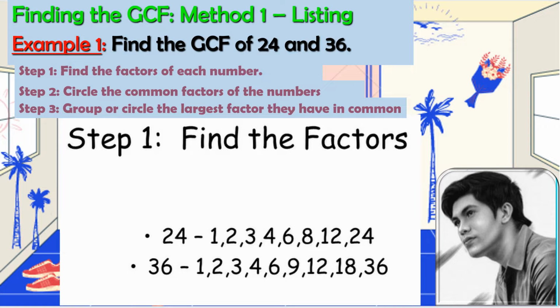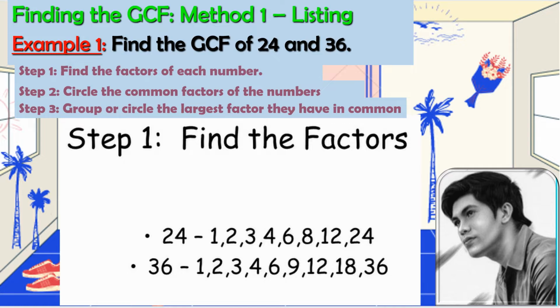In 24, we have 1, 2, 3, 4, 6, 8, 12, and 24 as the factors of 24. Paano kaya nakukuha yung factors? Mag-isip ka lang ng mga numbers na kapag minultiply mo ang dalawang numbers ay ang sagot magiging 24.